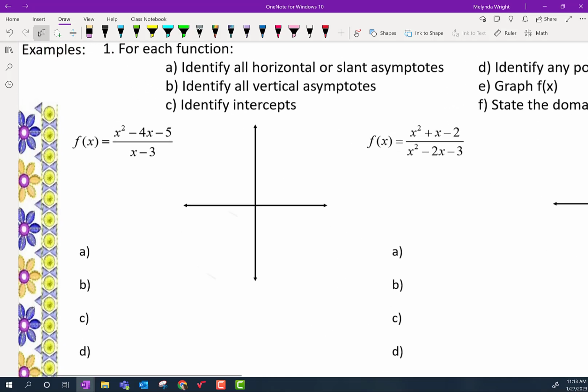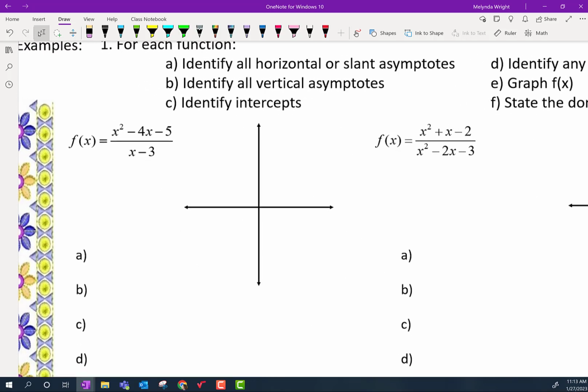Before we start any of those parts, we're going to factor and see if there is a way to reduce. And recall, when we cross out a factor from the numerator and denominator, it creates a hole. So let's see if that's the case in this one.